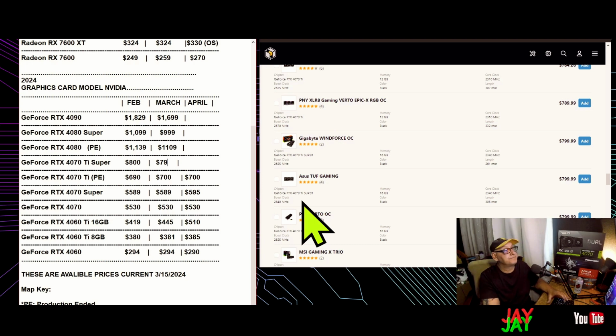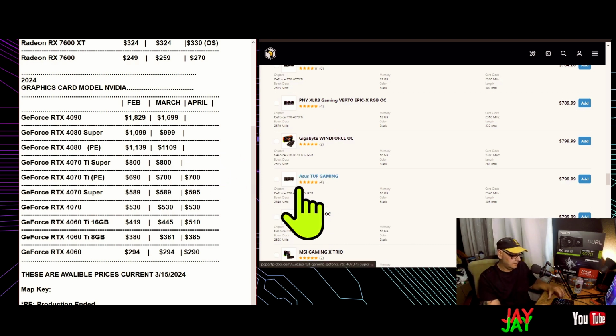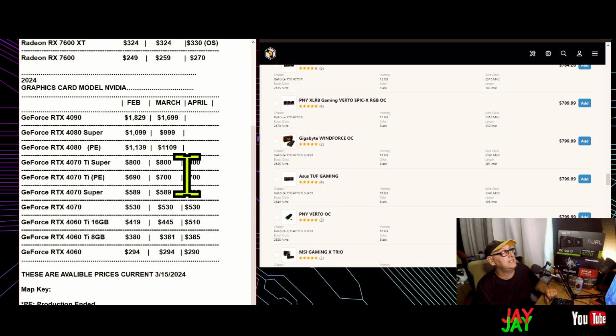Because it's 1 penny, I'm going to round it up, and that's the reason why. So I'll keep explaining it so you understand that the 4070 Ti Super is stagnant for the last 3 months.